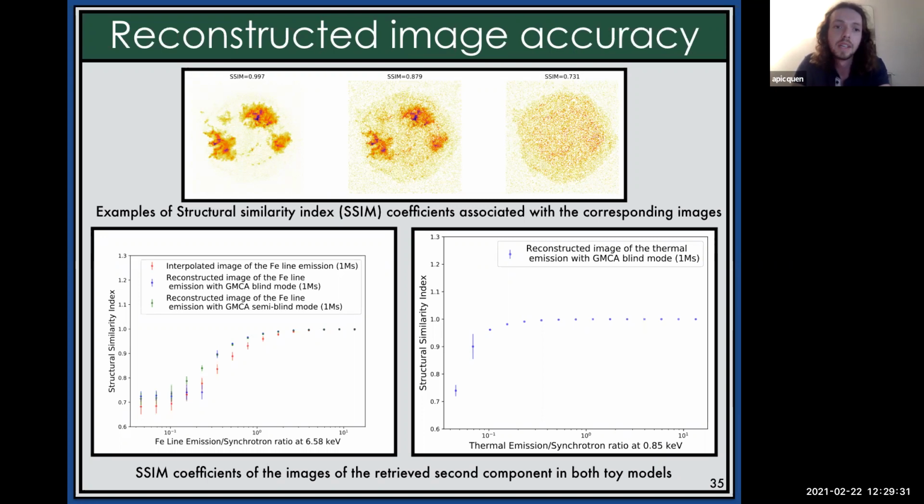And we can see that if you look at the different points, when the SSIM is 1, it means that it's perfectly retrieved, and when it's 0.7, it means that it's just not retrieved at all. There are images to show that.